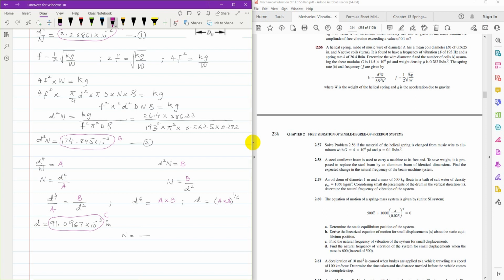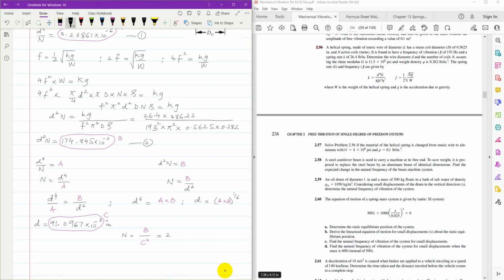So d is now saved in your calculator as c, or use the values which you have, the b value over c. So you will have the value of n after substituting b as 174.845 into 10 to the power minus 3 over c as 91.0967 into 10 to the power minus 3.